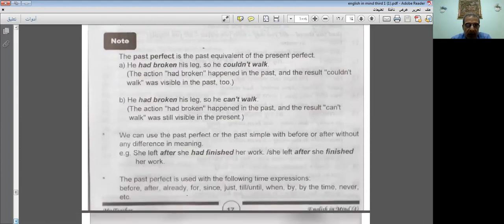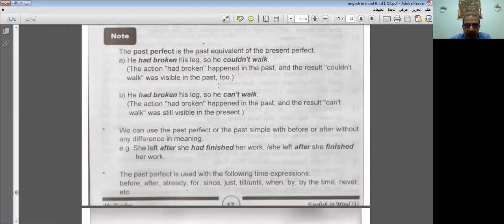Note: the past perfect is the past equivalent of the present perfect. He had broken his leg, so he couldn't walk. Be careful about couldn't. The action had broken happened in the past, and the result, couldn't walk, was visible in the past too.